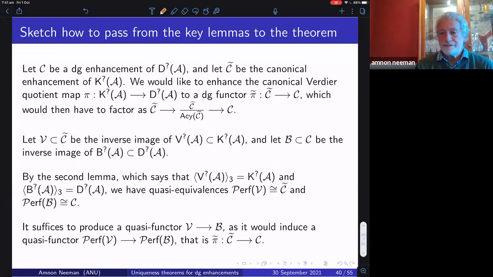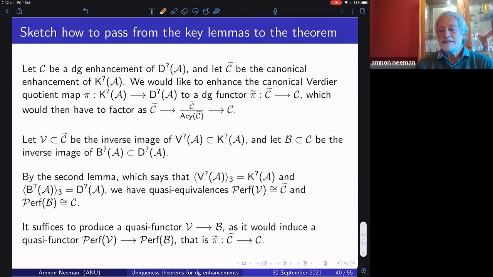And it's a theorem of Drinfeld's that, let me say it like this, if you have a dg functor C hat to C, such that H naught of pi tilde is a Verdier quotient map, then this functor has to agree with the canonical one.